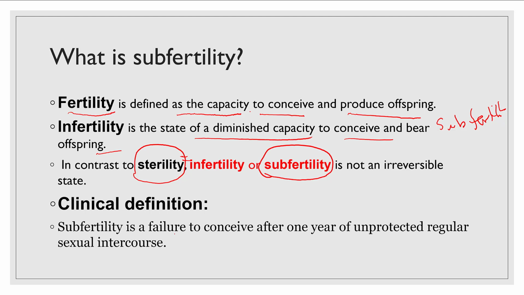So the clinical definition of subfertility is that when you do not have the ability to conceive within 1 year of unprotected regular intercourse. So these are the key words. It has to be 1 year, unprotected, without any contraception, and regular sexual intercourse.